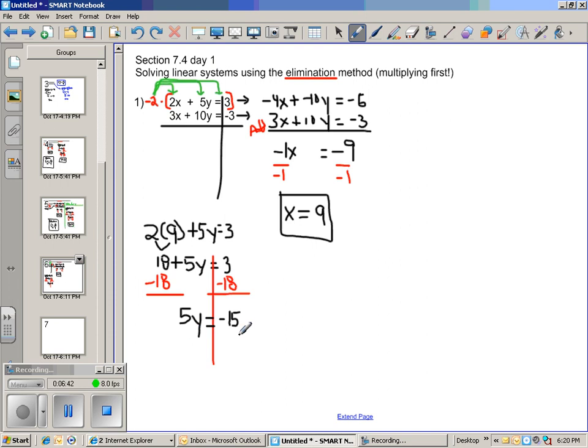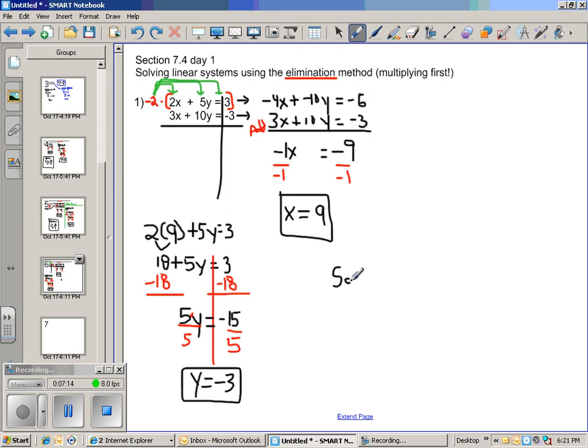Now we're looking at a one-step algebra problem. So 5 times y, I like to think of that as multiply. We're going to do the inverse operation and divide by 5, and we end up with y equaling negative 15 over 5, which is a negative 3. So we found our x, we found our y.